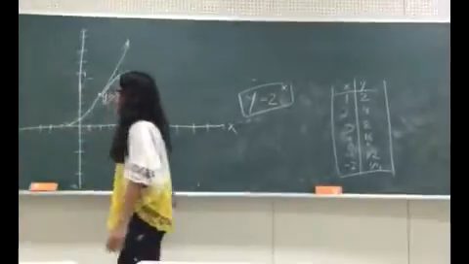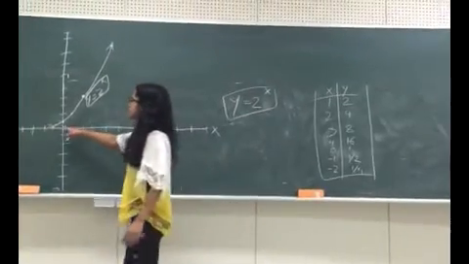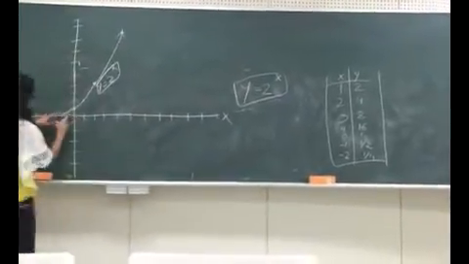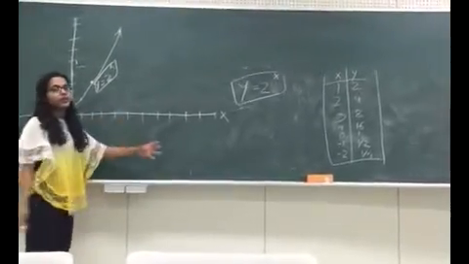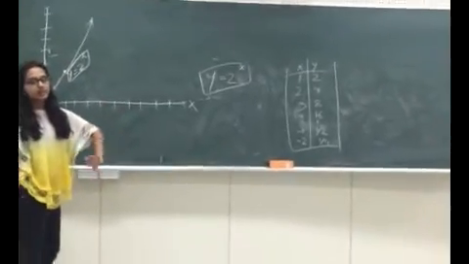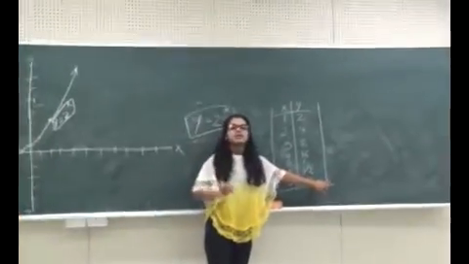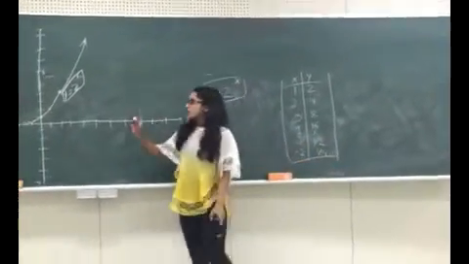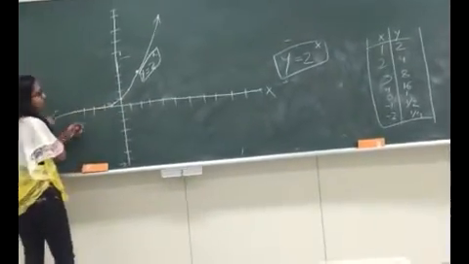Now let me make it very, very clear that however much you try to plot when you add other numbers like minus 3, minus 4 for x, the y is never ever going to be negative. The y will never touch and become 0.